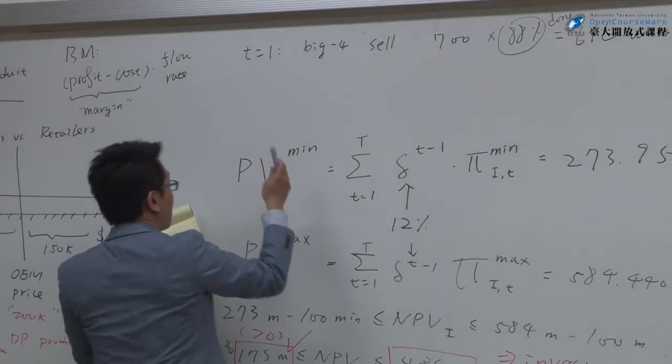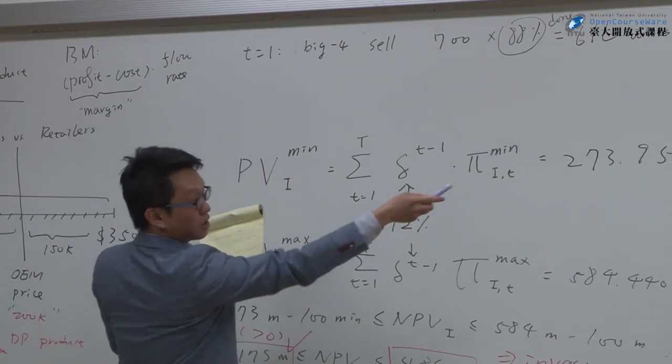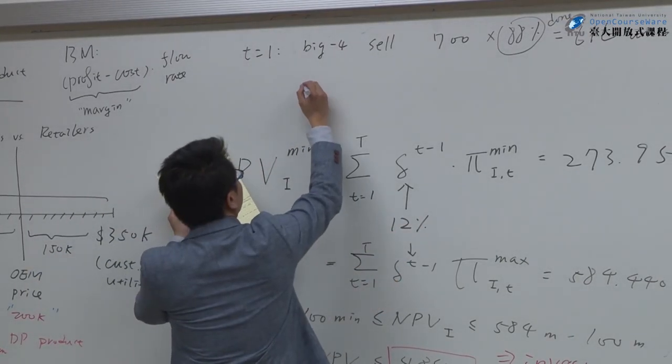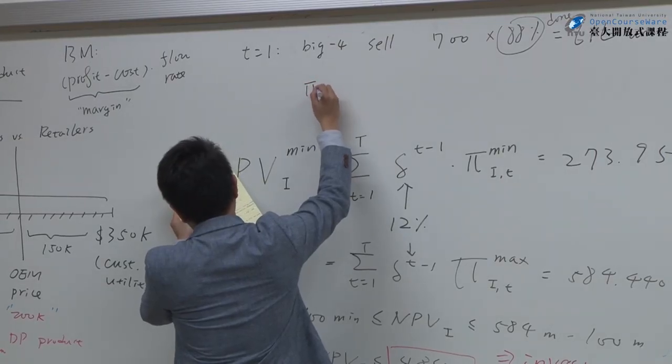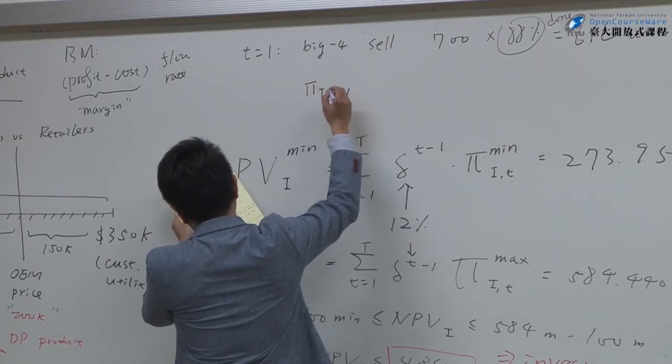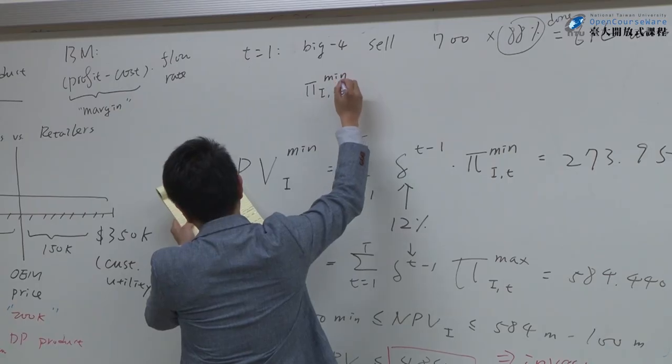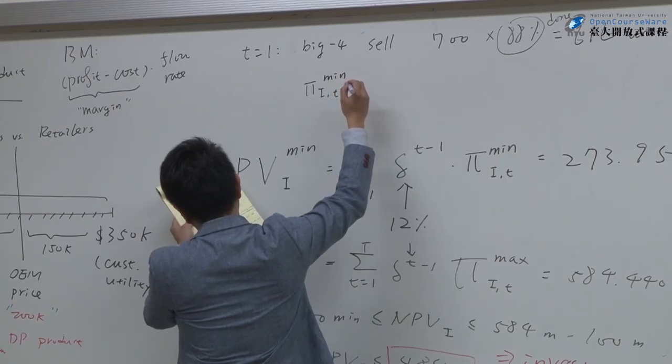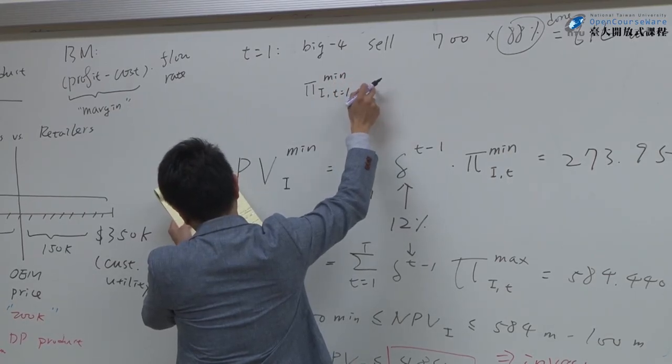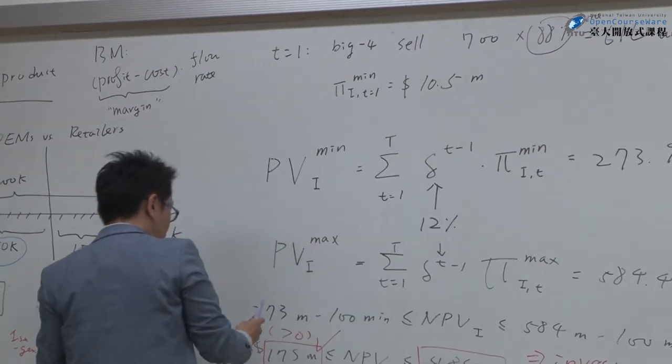And pi minima is on the slides there. In the first period, as the innovator, your worst case for the return will be $10.5 million.